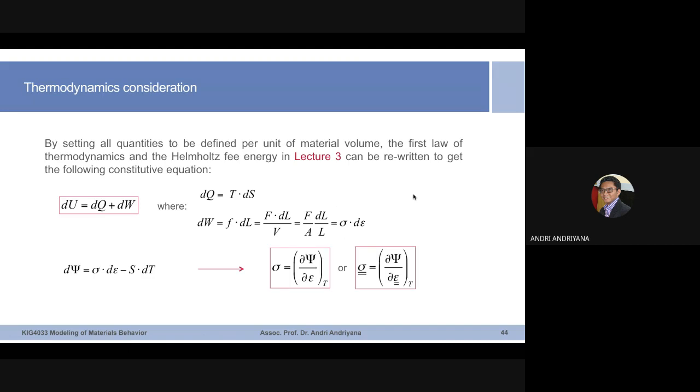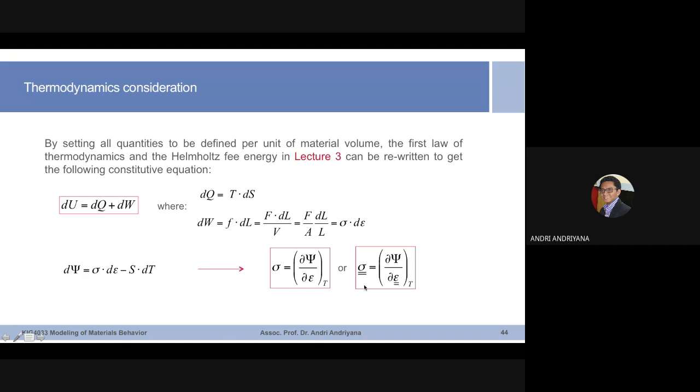Now, recalling the change of Helmholtz free energy that we did in lecture 3, instead of using dW, we use stress here. Then, in the same way as in lecture 3, if we focus on the stress at a constant temperature, which means dT is equal to 0, I can get that sigma is simply the differentiation of the free energy with respect to strain.